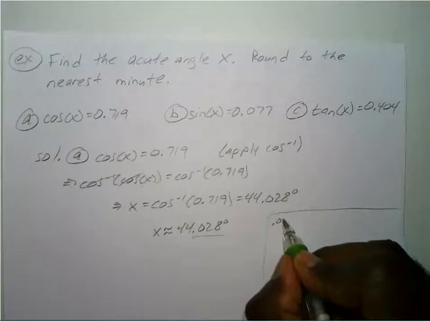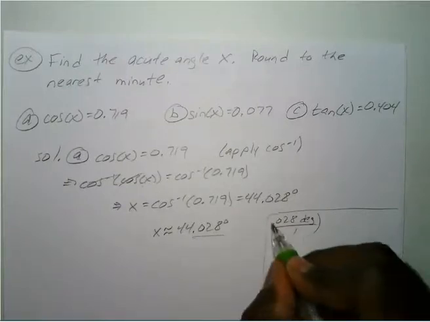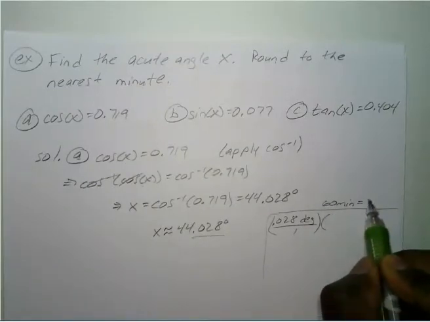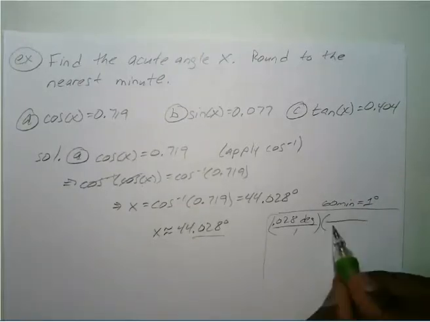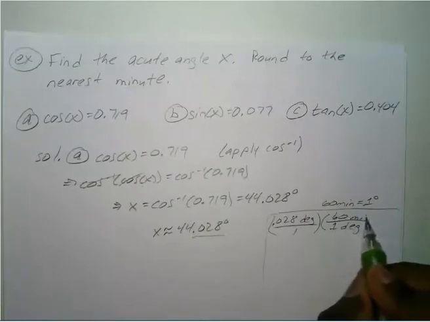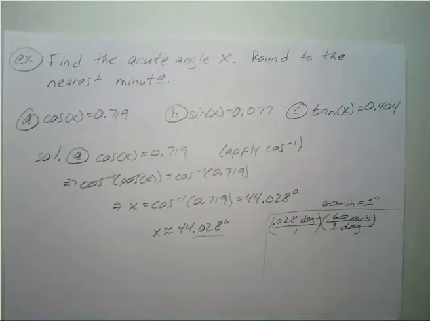Okay, 0.028 degrees over 1 times, remember, 60 minutes equals 1 degree. So 1 degree equals 60 minutes, where your degrees cancel each other out.